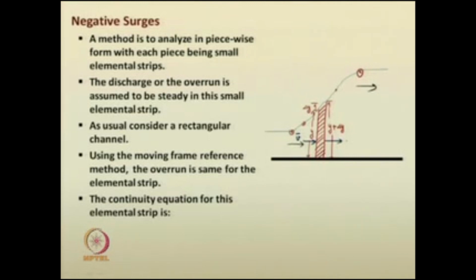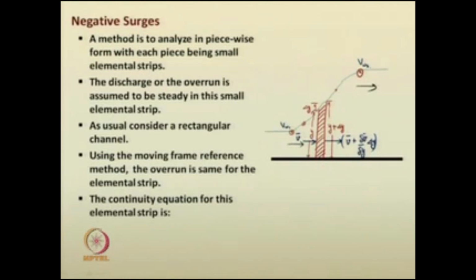Here we are considering v plus some change in velocity due to the change in depth of flow. This is mathematically possible, that is del v by del y into delta y. Now here we are considering the beginning of the wave, where the velocity is v w 1, and here the wave velocity is v w 2.